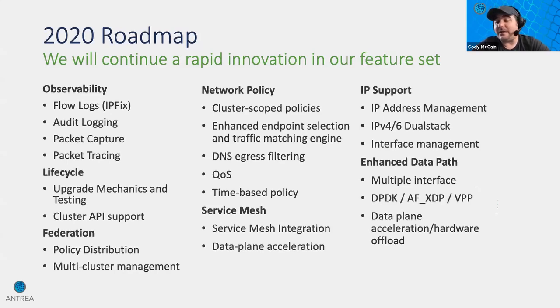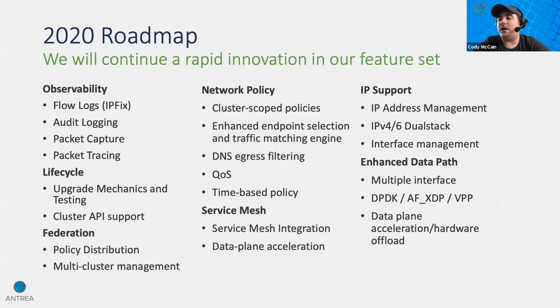And then finally, one of the most exciting things we're doing is enhanced data path capabilities. We have a lot of network card manufacturers that are able to take OVS and run the flows on the card.